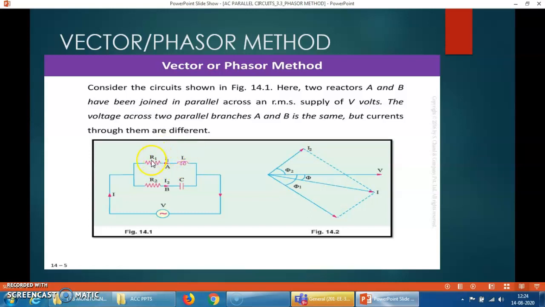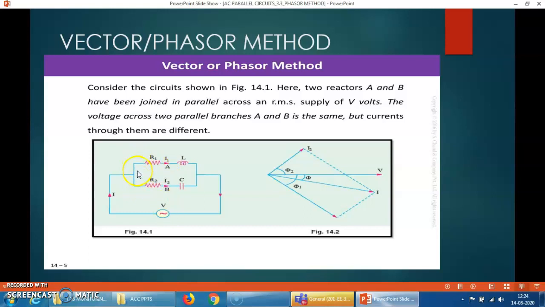Here the inductor is in series with the resistor, so in an RL series circuit, your current I1 flowing through R and L lags behind the voltage V, the supplied voltage across this branch. So I1 lags behind the voltage V by an angle phi 1.